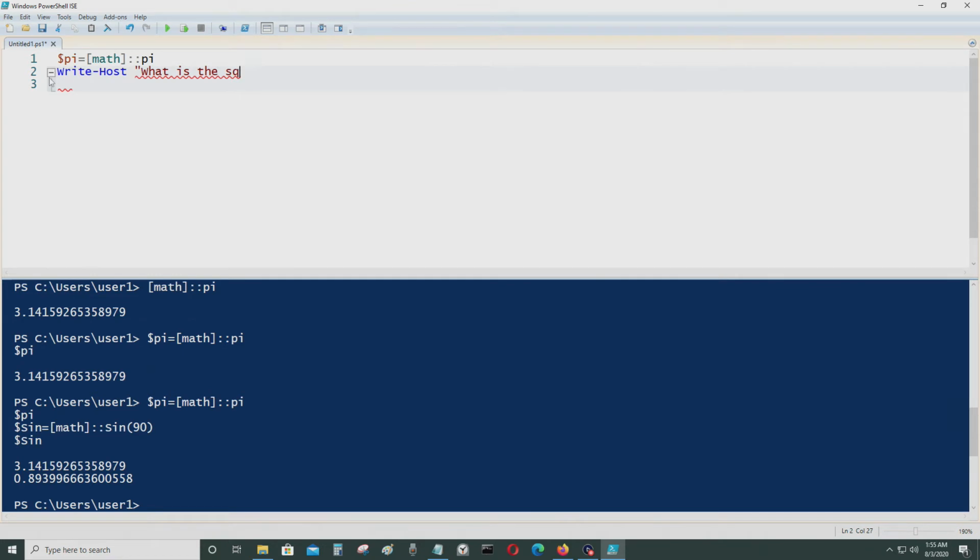What is the square root of 64? This script will calculate square roots.